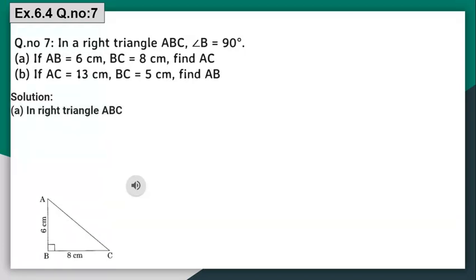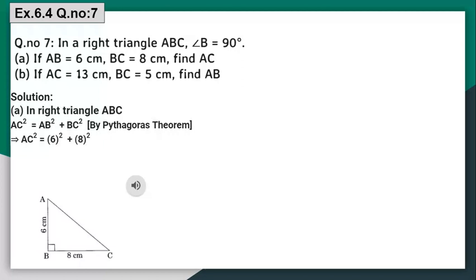Here AC we have to find, isn't it? AC is the hypotenuse. So AC square is equal to AB square. AB how much it is given? In first case, AB is 6 centimeter. So 6 square plus BC 8 centimeter, so 8 square.